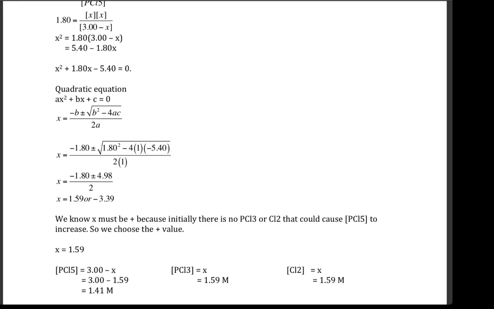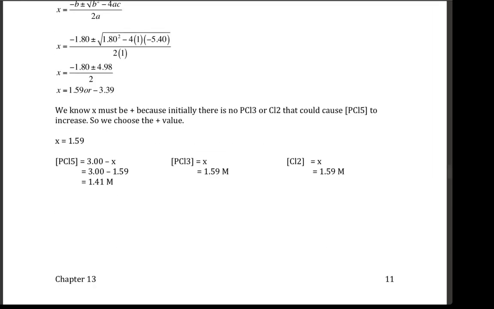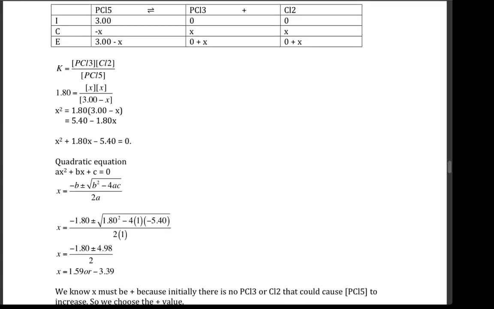We put in our value of a, 1, c, negative 5.40, and we determine the values of x to be 1.59 or negative 3.39.